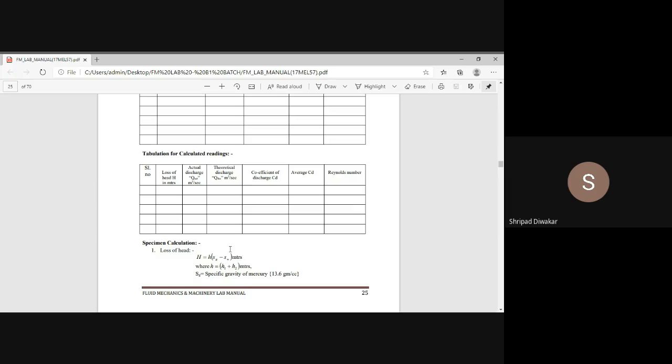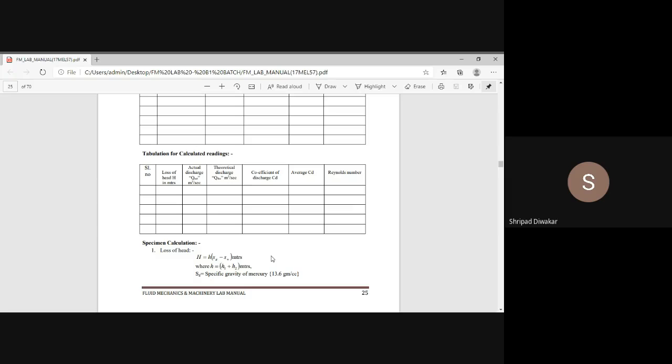The specific gravity of mercury, remember, is 13.6, and density will be 13.6 into 1000, that is 13,600 kg per meter cube. The specific gravity of water is 1, so the density of water is 1000 kg per meter cube.